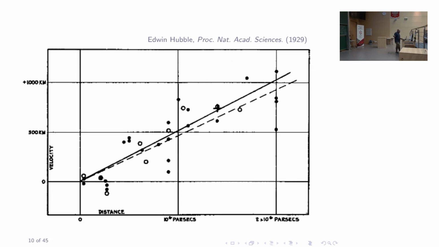This is the first diagram from Hubble of the measurement of the Hubble constant, where Hubble forgot the per second on the vertical axis. This velocity should be measured in kilometers per second and not in kilometers. He obtained a Hubble constant of about 700, about 1,000 kilometers per second per megaparsec. No, sorry, it's about 500 kilometers per second per megaparsec.